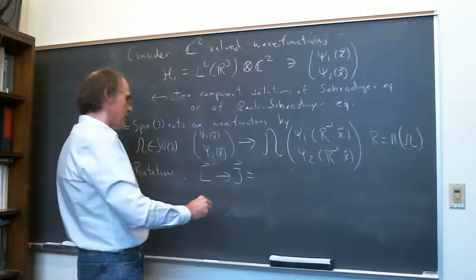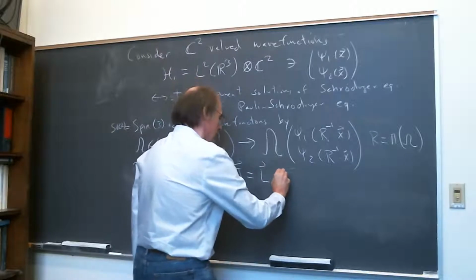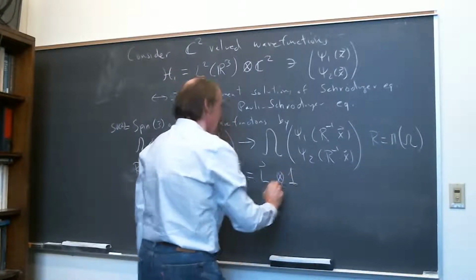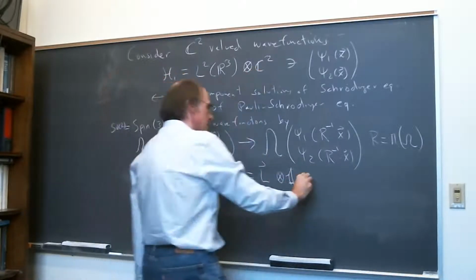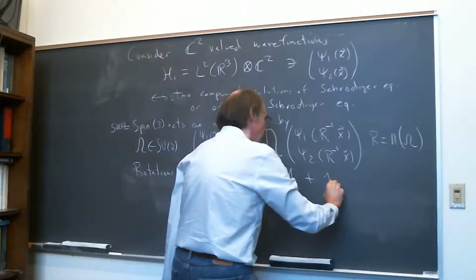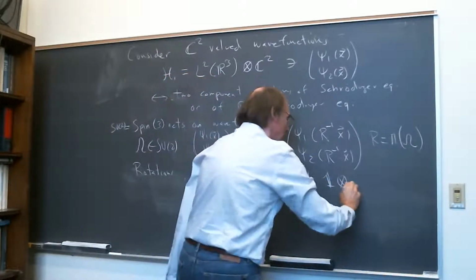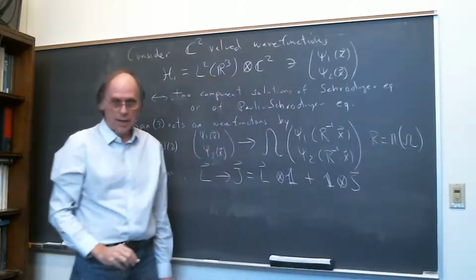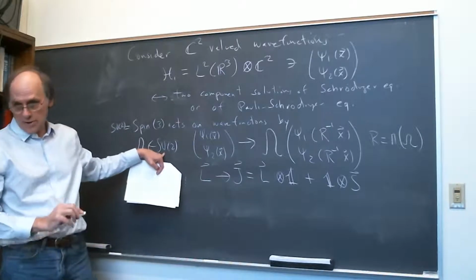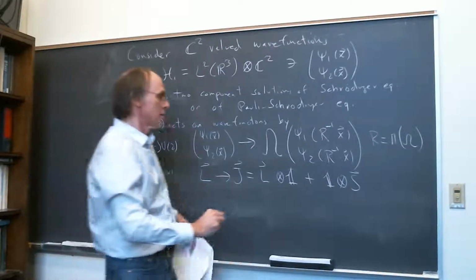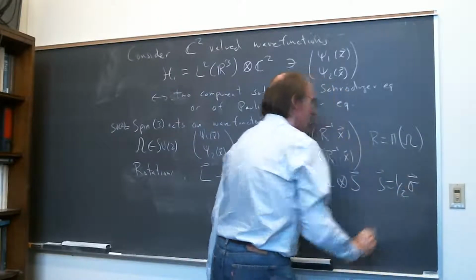So let me write it as L vector tensor the identity, so it's acting trivially on there, plus a piece which is the identity on here and acting non-trivially on there, which is called S vector. And S vector is just the infinitesimal version of this SU2 action on the spinors, which is a half sigma vector.